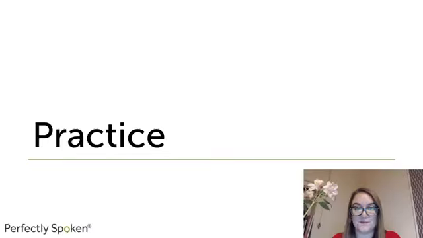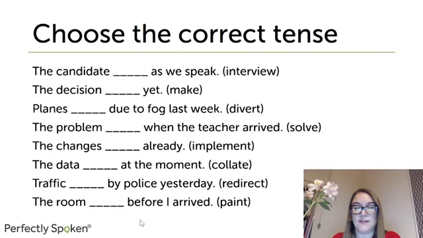Okay, so we've looked at the 4 passive tenses today. What we're going to do now is to practice using these in context. So we're going to have a look at some sentences, and what I want you to do is to use the verb that I've given you and choose the correct passive tense. So let's have a look at the sentences together.